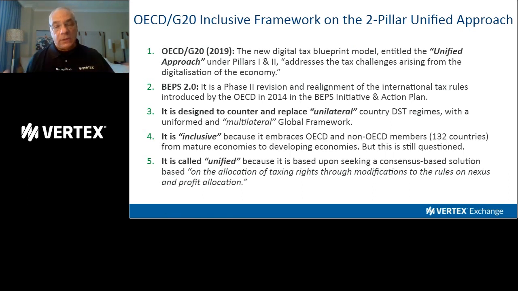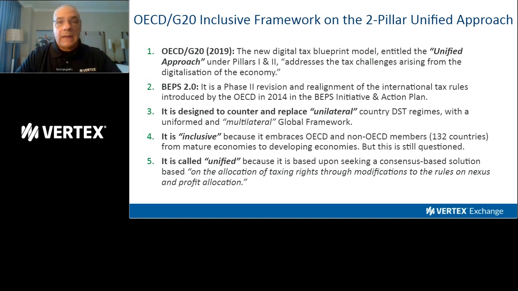Within the inclusive framework, and many countries, by the way, I should be frank to say that a lot of developing countries do not consider this to be very inclusive. Why? Because please remember that developing countries do not have developed giant techs. Most of those countries exist in the United States, Europe, and of course in Asia, Korea, China, and other major economies.